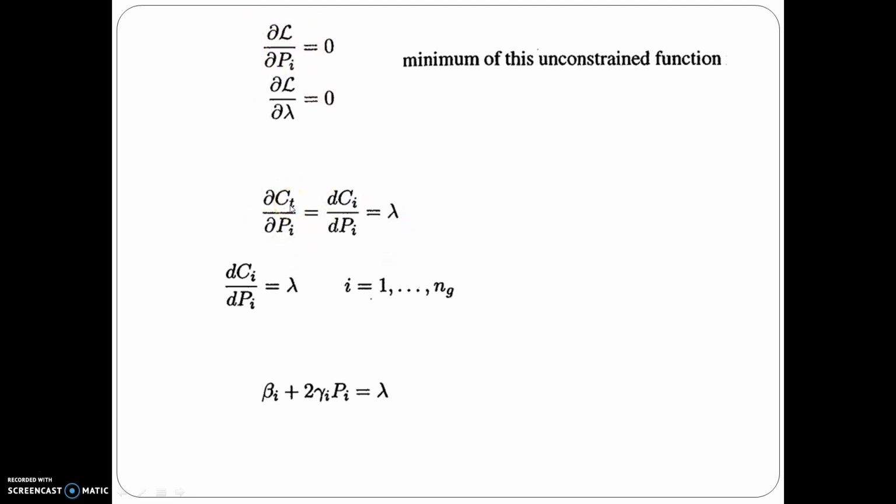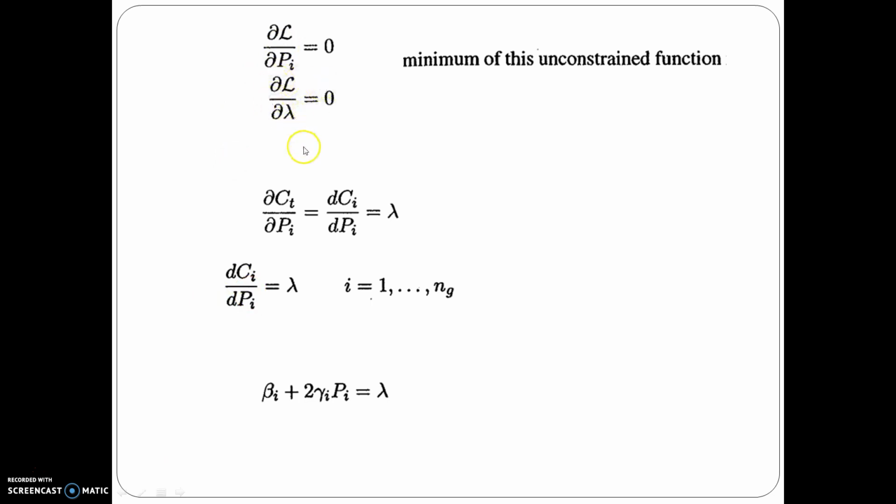By considering this equation, we take the first derivative, and dou Ci by dou Pi is equal to lambda. That means the incremental fuel cost of all generating stations should be equal to get the minimum operating cost. That is from the first sufficient condition.